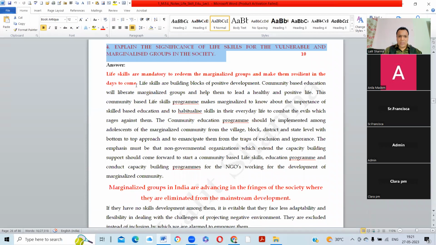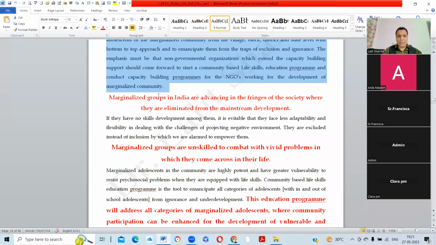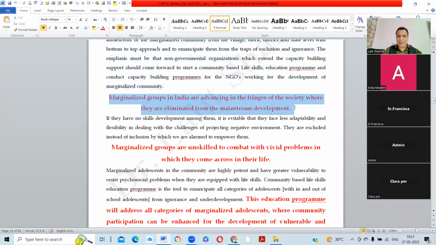So guys, here you can see that in a paragraph I have written: life skills are mandatory to redeem the marginalized group and make them resilient in the days to come. Marginalized groups in India are living on the fringe of the society where they are eliminated from mainstream development. You have seen these guys have been eliminated from mainstream development because they don't have the life skills.